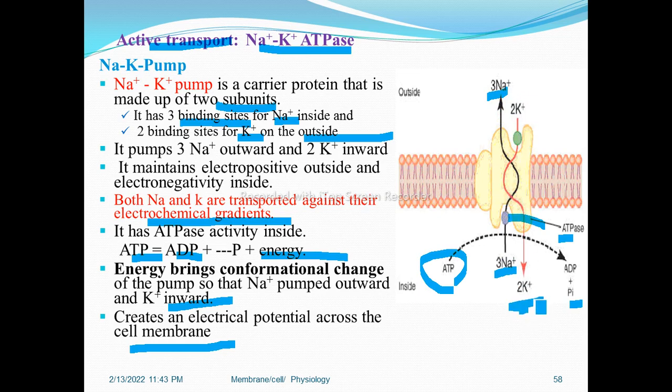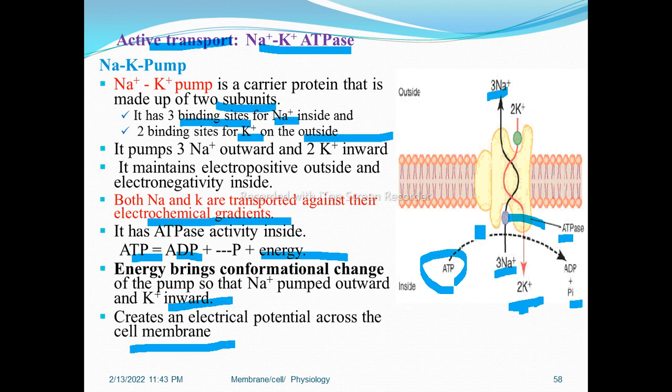So this energy will make a conformational change and will transport them against the concentration gradient. Sodium is high in extracellular fluid and low in intracellular fluid, whereas potassium is high in intracellular fluid and low in extracellular fluid.